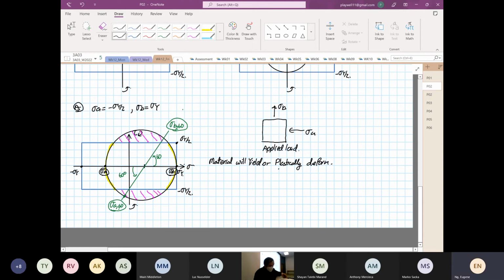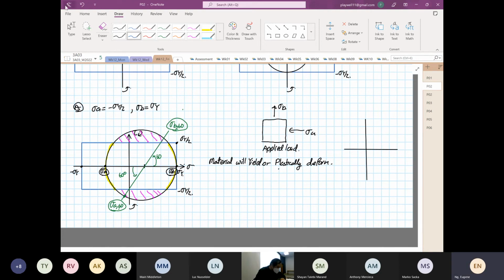When we rotate this by 60 degrees, so this is the original. This is the original. Okay, so this is the original. So we rotate 60 degrees, right? We rotate 60 degrees anti-clockwise.